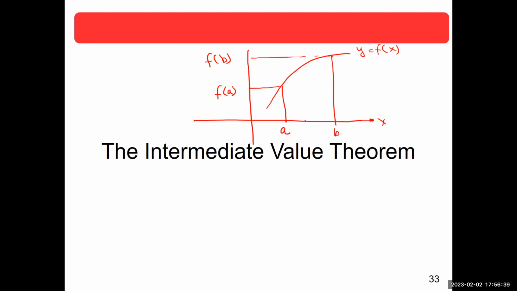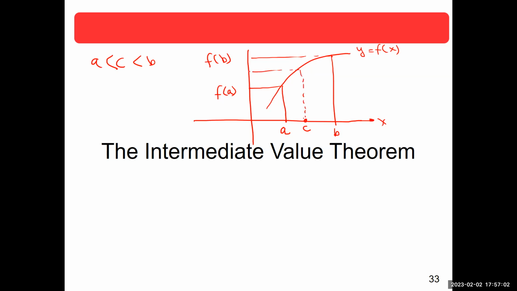Now, if I pick a point in between a and b, call it c, so c is greater than a and less than b. If c is in between, what's going to happen to f(c)?